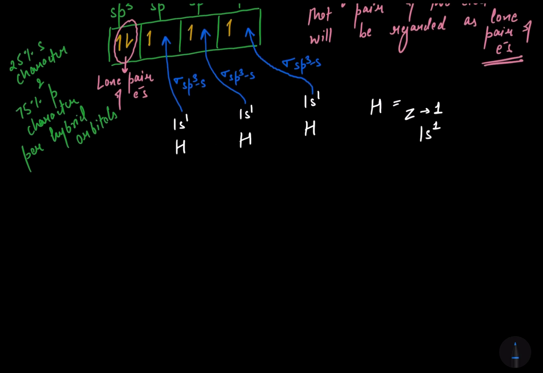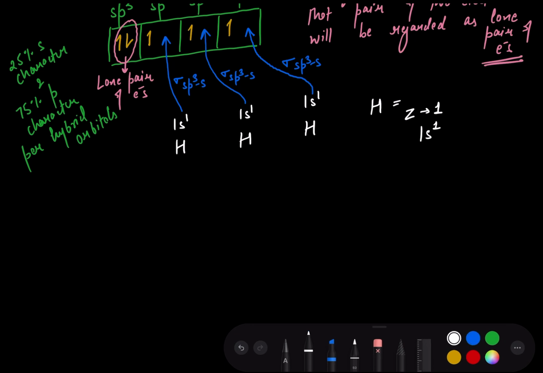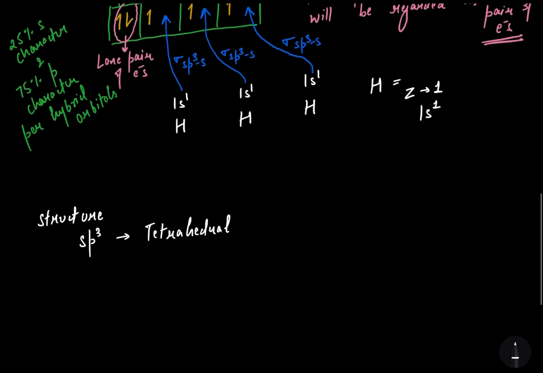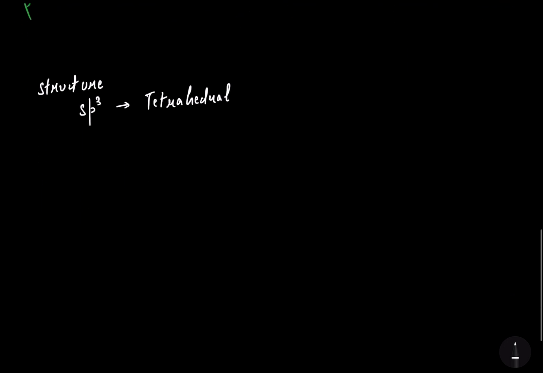Now let's talk about the structure. In case of sp3 hybridization, the structure is taken to be tetrahedral, but in this case we are having one lone pair. Firstly, let's draw the structure of the NH3 molecule.